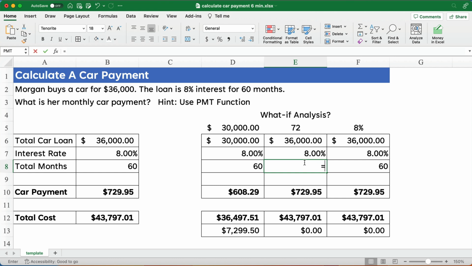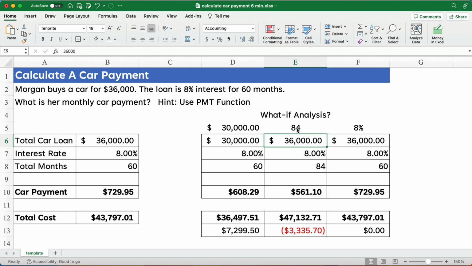So let me make this 72 months. And the payment goes down to $631. You say, oh, that's great. But what's the trade-off? The trade-off is you're paying for 72 months, you're paying $45,000, and you're paying an extra $1,600. But you've got your car, but you're paying for it for 6 years rather than 5. The other thing they might do is say, let's do it for 84 months.